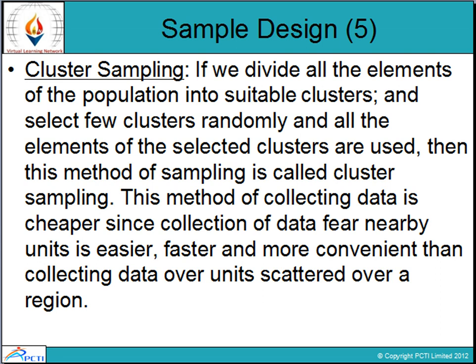Now this method of collecting data is very cheap because collection of data nearby to the units is easier. It is faster and more convenient than collecting data over units which are scattered over a region.